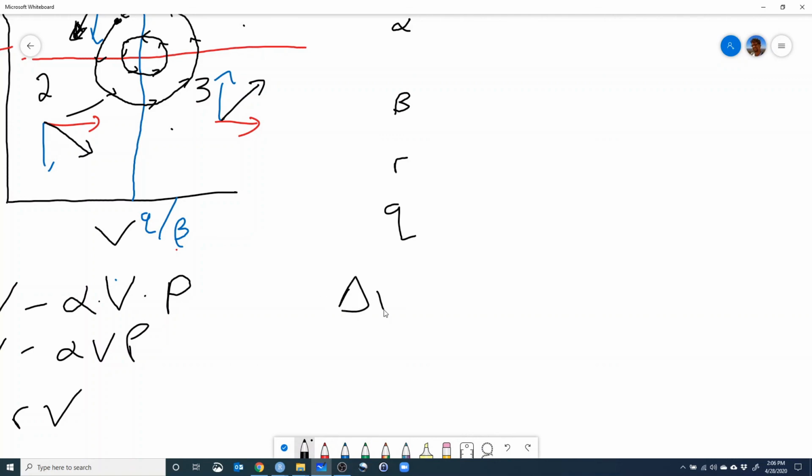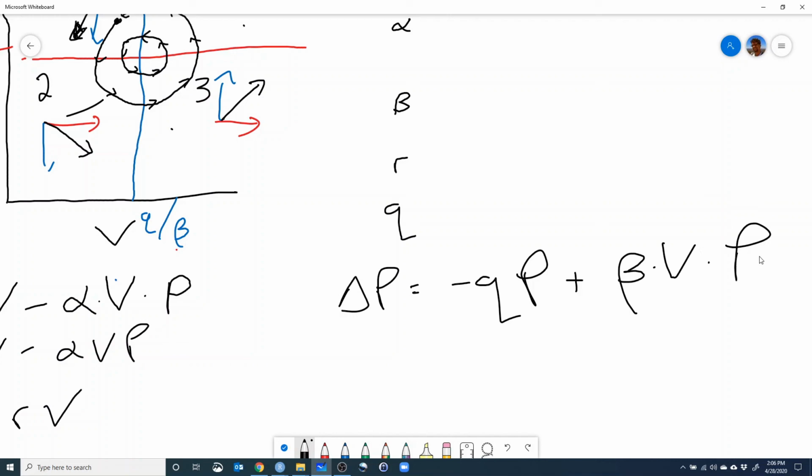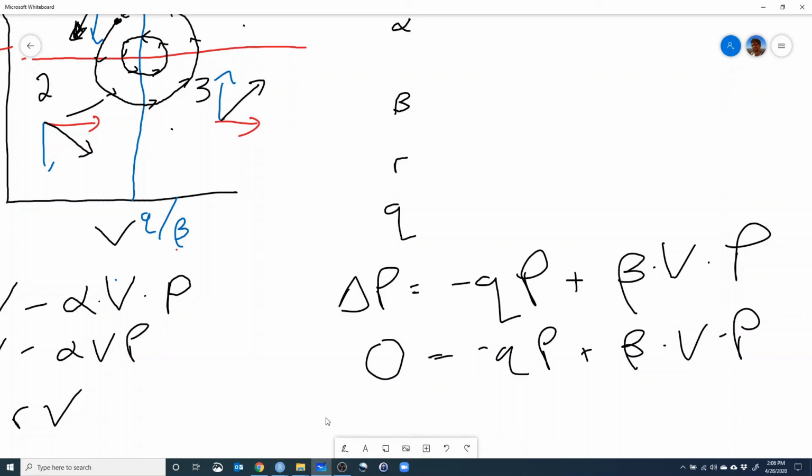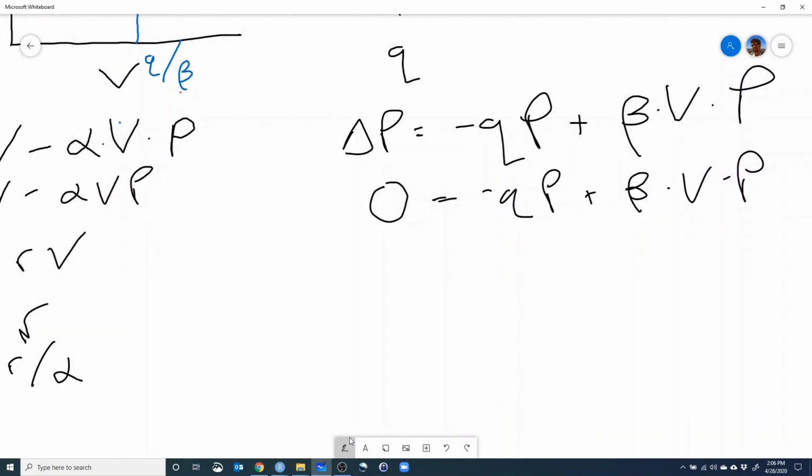So delta P for predators is equal to minus QP. That's the intrinsic rate of death in the absence of prey, and then we can add beta times V times P to get the total amount by which the population growth increases due to predation. And if we want to set that to 0, then we can start to figure out what the isocline should be.